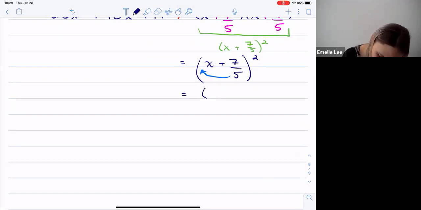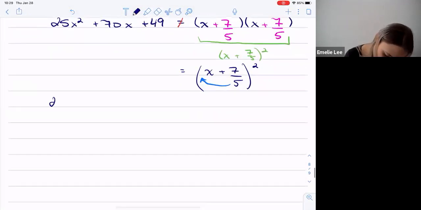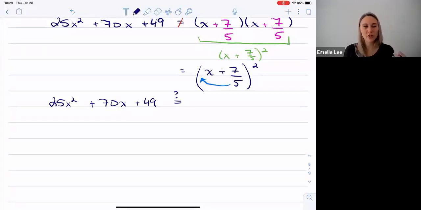So what I get is 25x squared plus 70x plus 49. When I'm not sure that it's equal, I put a little question mark over the equal sign. I'm going to bring this 5x over here.